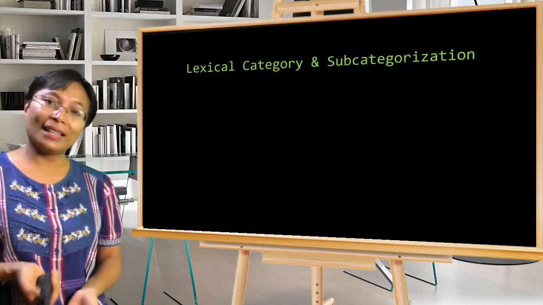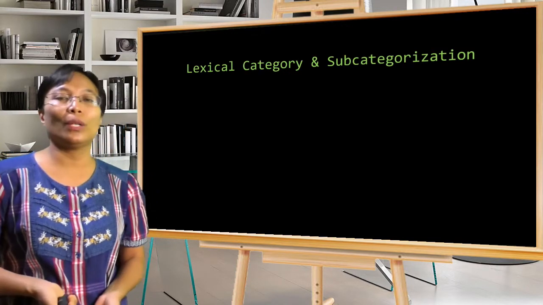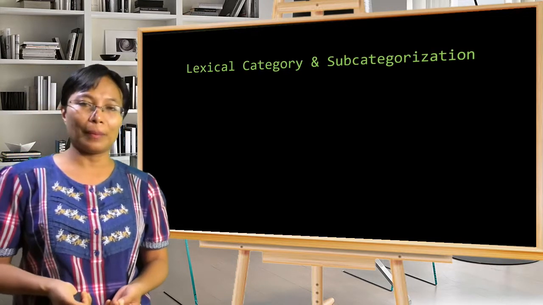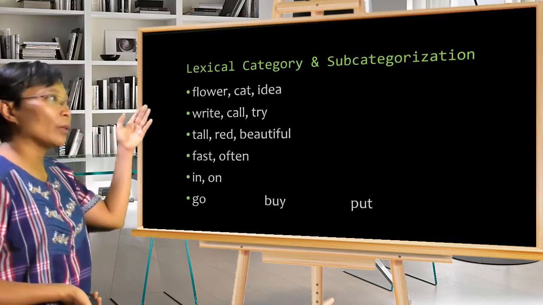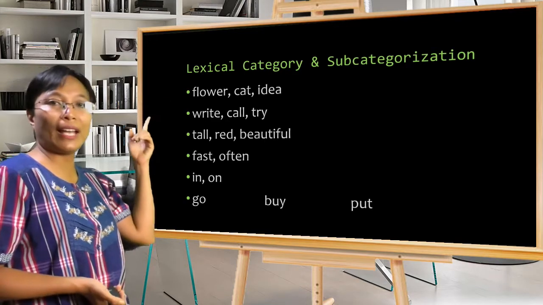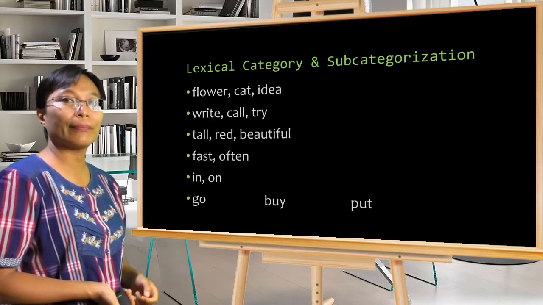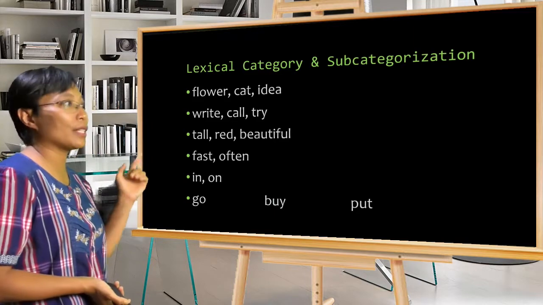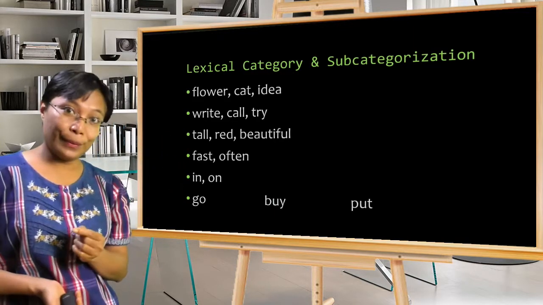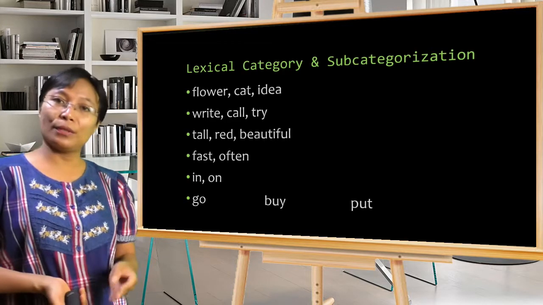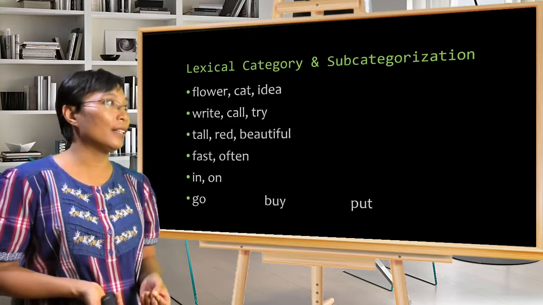When we deal with syntax, we will also deal with what we call lexical category and subcategorization. Let's have a look at this list. What is the lexical category of lover, cat, and also idea? Okay, they are nouns. And then write, call, try. They are verbs, right? Tall, red, beautiful. They are adjectives.